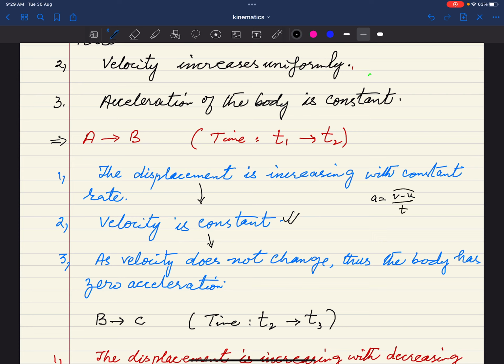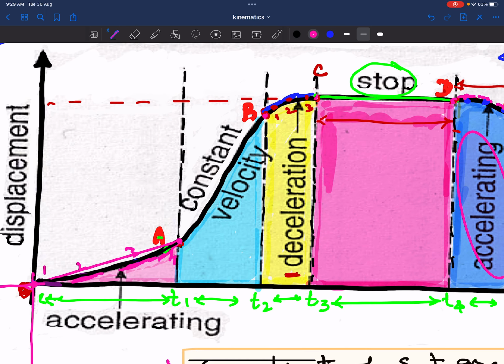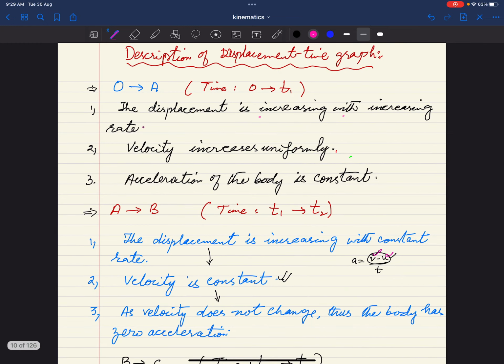So if there is no change in velocity, any initial and final velocities are constants or same, then the velocity does not change, thus body has zero acceleration. Of course, as I said that when both of these two, your u and v will be same, the acceleration will be zero. So this is important, and you know that we have discussed this part here from A to B.